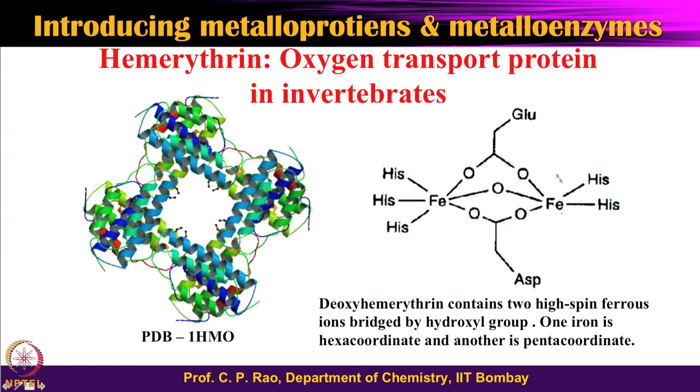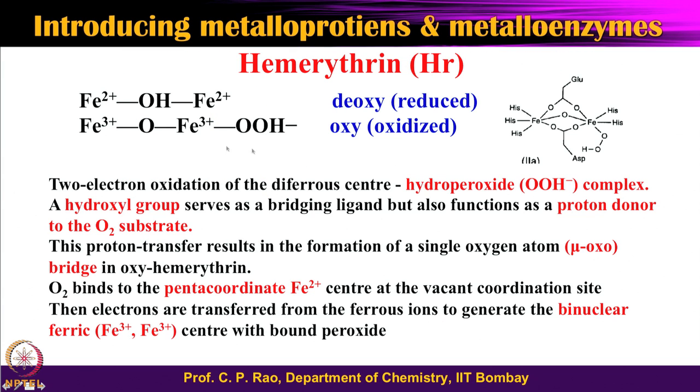So, this is a deoxy form as such, then how the oxy form, etc., we will look at just in a while. Okay, so, in this particular case, the deoxy form, you have 2 iron centers, both the ions are 2 plus, and the bridging is OH. Of course, this bridging is besides the carboxylate bridging, but in addition.